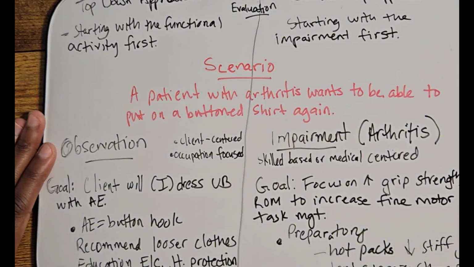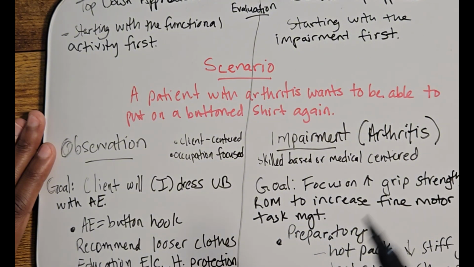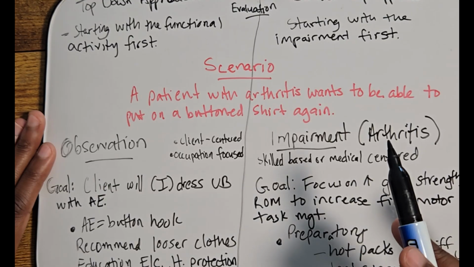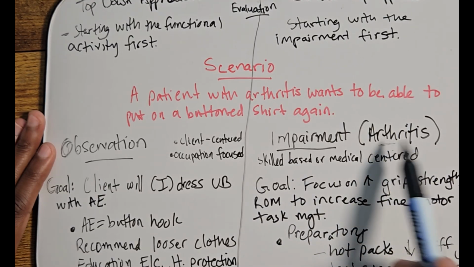Okay, and once these underlying issues are improved, which, pertaining to the impairment, is, let's say, maybe grip strength or range of motion, then the focus is, okay, the root problem is the arthritic symptoms.